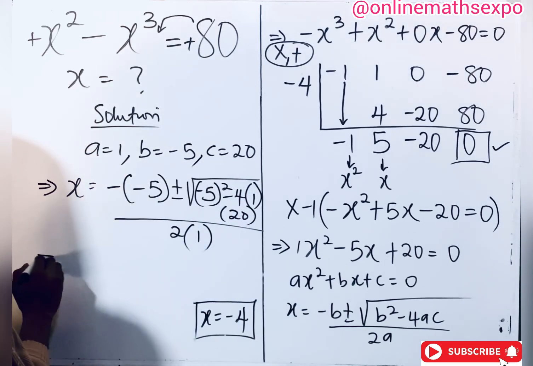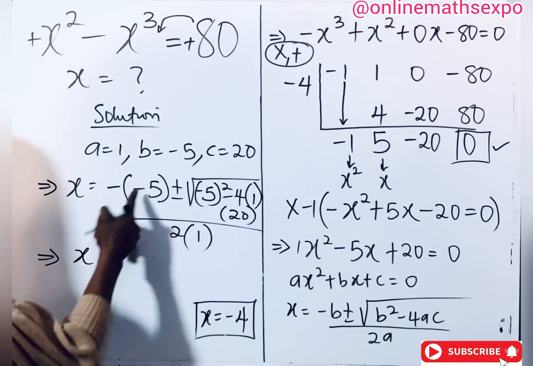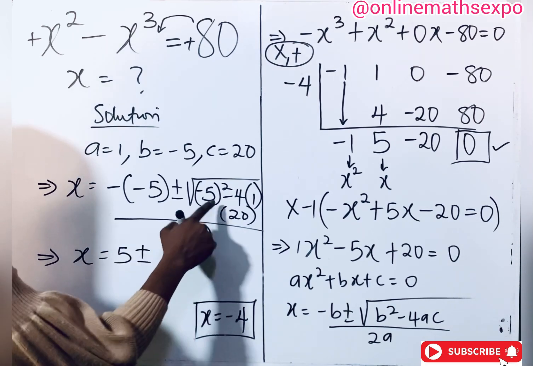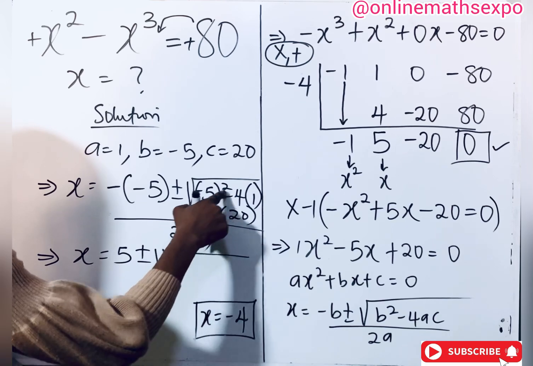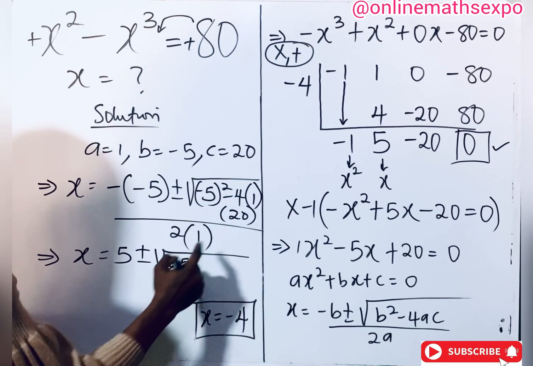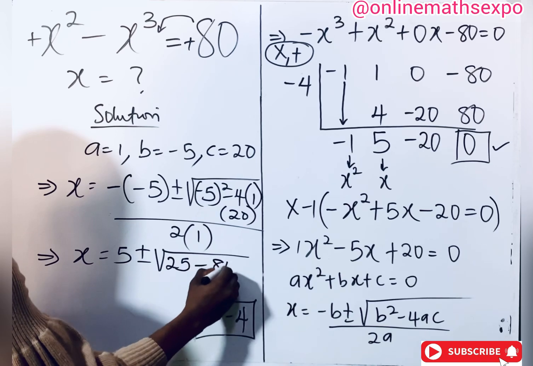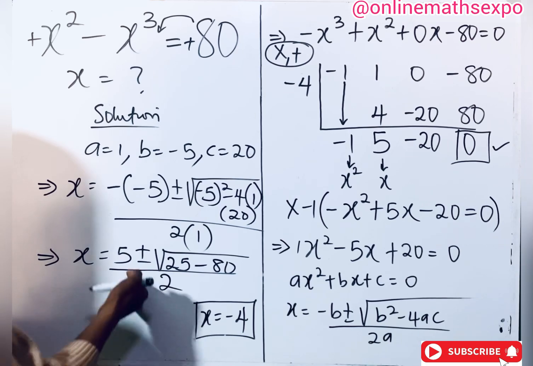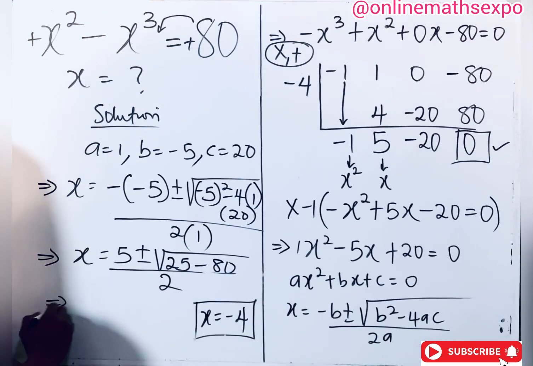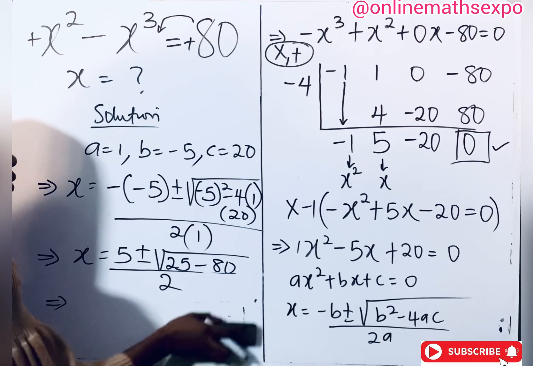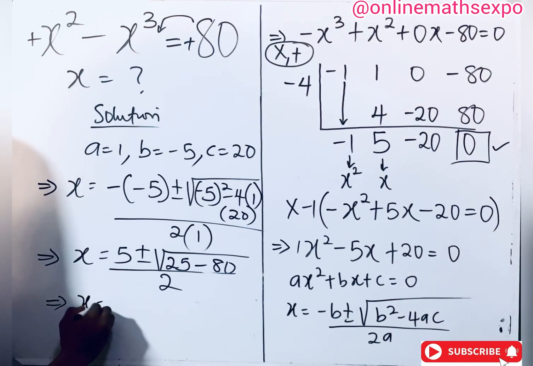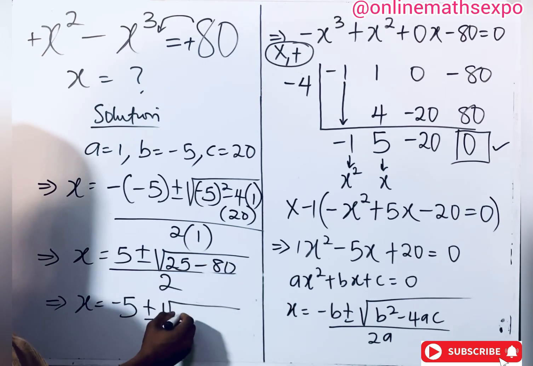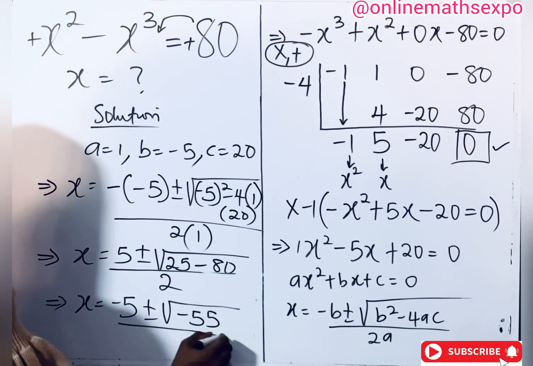So if you keep solving, you have x is equal to, if you multiply this, it gives you +5, plus or minus square root of, this will give us +25, then multiply this, it gives us -80, all over 2. Now you simplify, we have x is equal to 5 plus or minus square root of, subtract this, it gives us -55 all over 2.